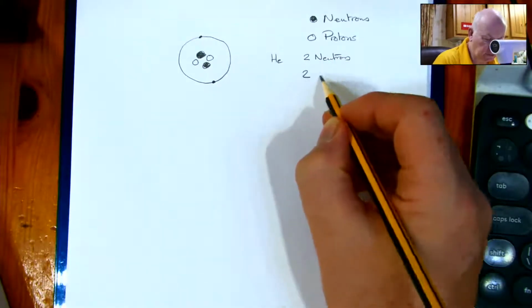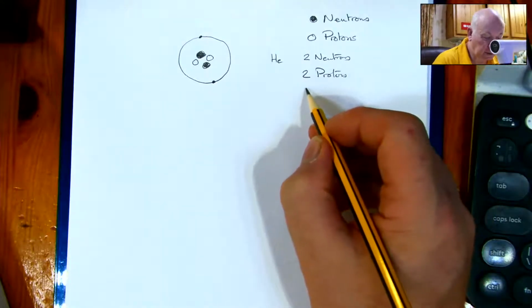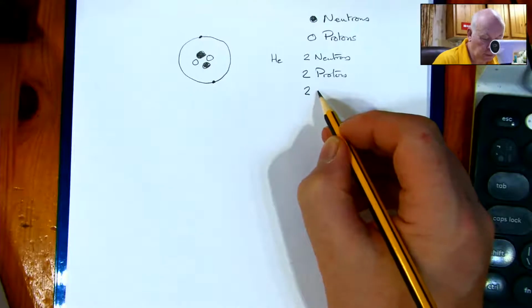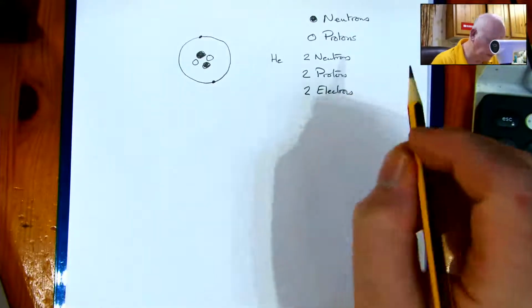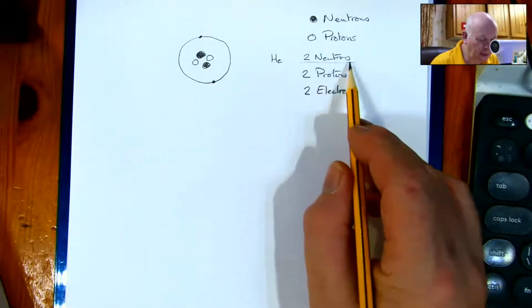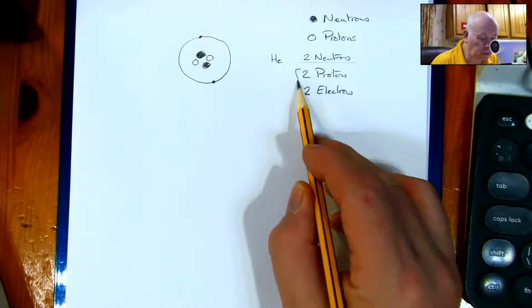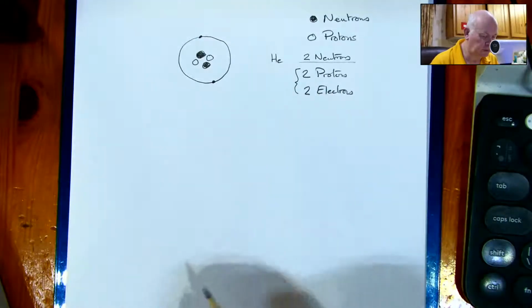It contains 2 protons, and it's got 2 electrons. When we look at these things, we see that the number of neutrons varies, but the number of protons and the number of electrons in an atom is always the same.